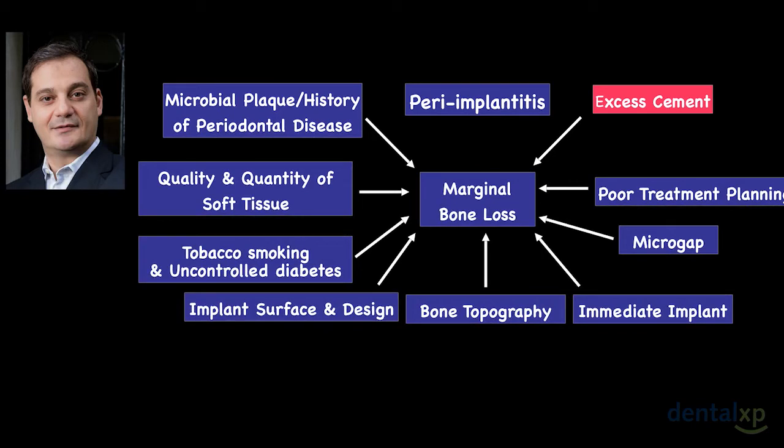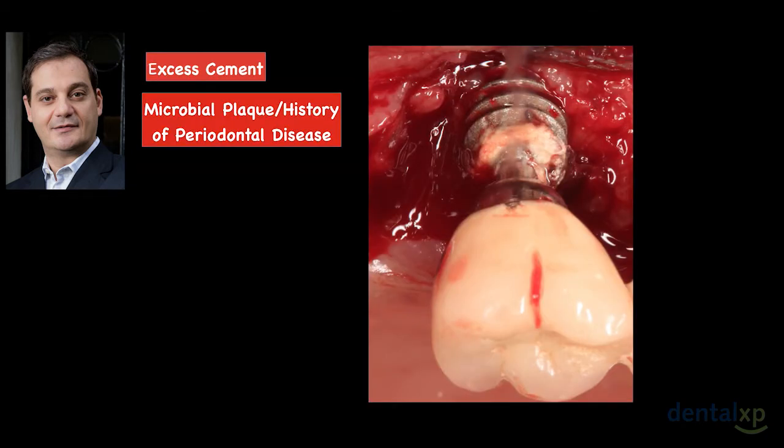What about the excess cement? In the excess cement, if we look at clinical cases, it becomes a foreign body that will harbor bacteria, and that will lead to inflammation and resorption of the bone.